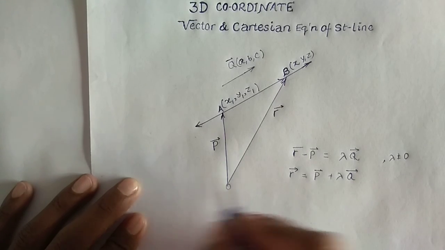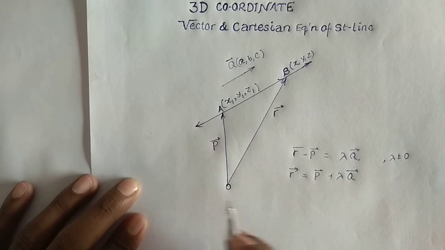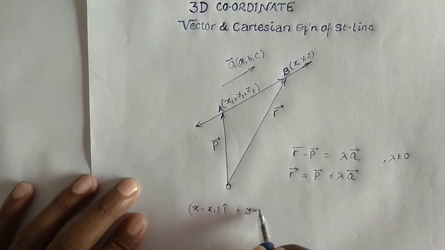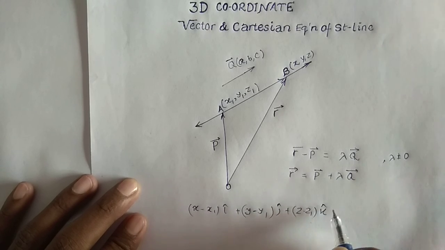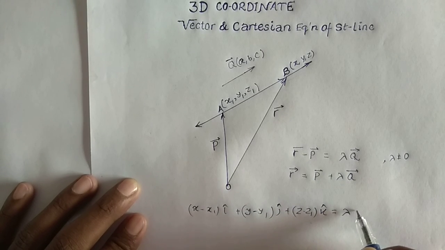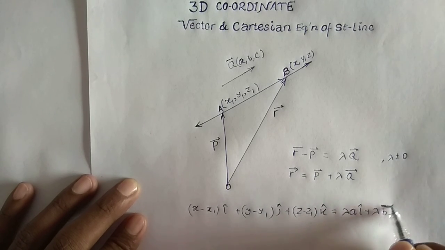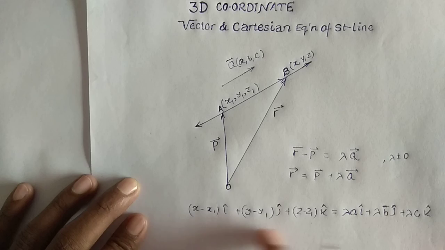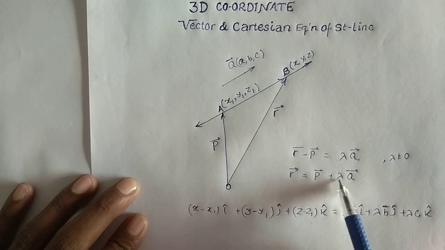This is the vector equation of a straight line, where R is any point on this line. Now, changing it to Cartesian coordinates, first write (x minus x1) i plus (y minus y1) j, and lambda times the other vector. Here there are two vectors, one is this and another is this.